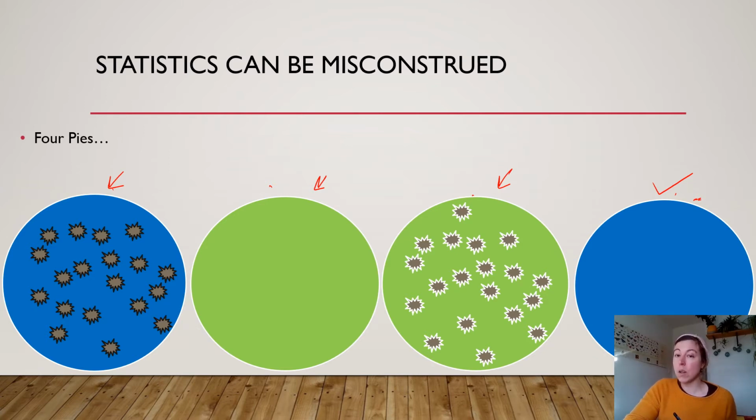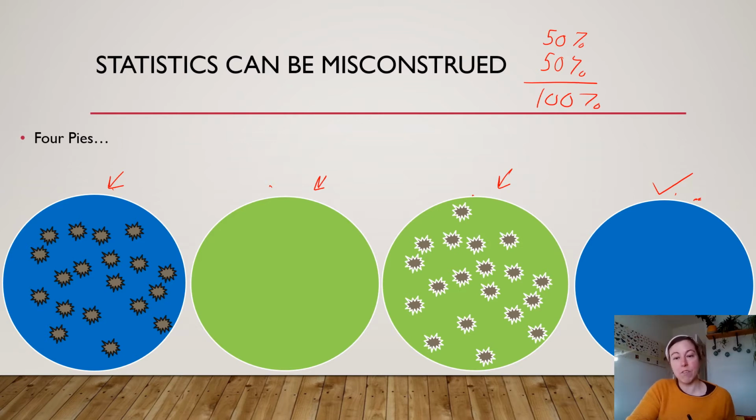So I hide all of the pies, and when my siblings come home, I tell them that half of the pies are moldy and half of the pies have bugs. My siblings hear that and they're like, 50% of the pies have mold, 50% of the pies have bugs, that's all of the pies.